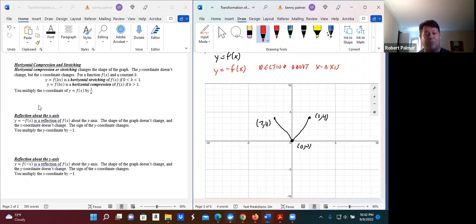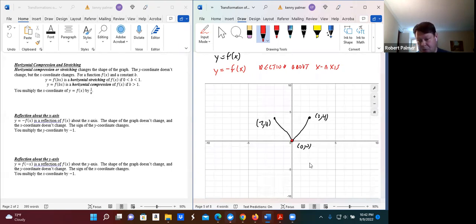So once again, what about my coordinate points? This is vertical, so I don't change the x-coordinates, I only change the y-coordinates. Multiply the y-coordinate by -1. In this case, at 0, 0, since -1 times 0 is 0, the y-coordinate stays where it is. Each of these, the x-coordinate doesn't change, the y-coordinate changes sign.